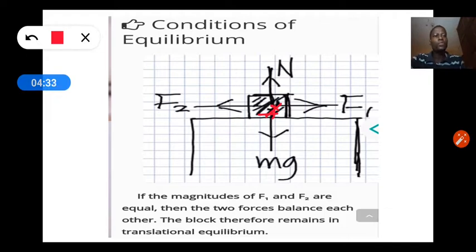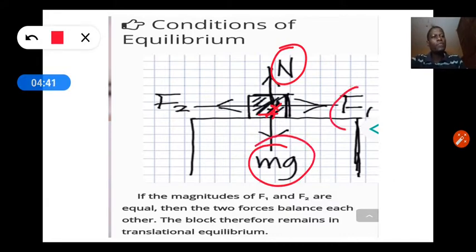There are 4 forces: an upward force, a downward force, a force F1 acting on it to my right, and another one acting on that object to my left. So there are 4 forces acting on that block resting on the table represented in this diagram.